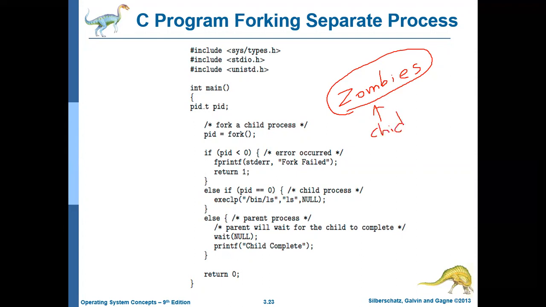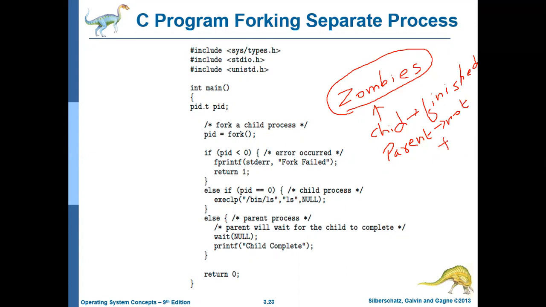All the children of a particular process have finished execution, and control returns to the parent, but the parent has not yet finished execution. So that state of the process is called a zombie. The child has finished but the parent is still executing, so these processes remain zombies until the parent completes execution.